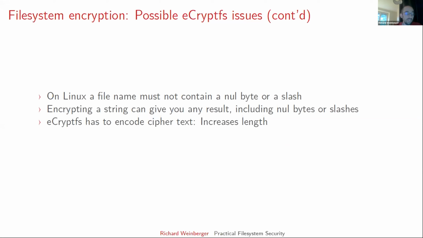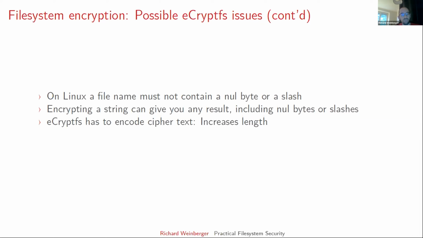So the reason for this file name limitation is that on Linux, a file name must not contain a null byte or a slash. But when you encrypt a string, the output is no longer a string, it's just binary, and it of course can then contain null bytes or slashes.